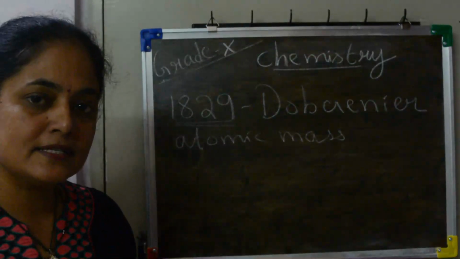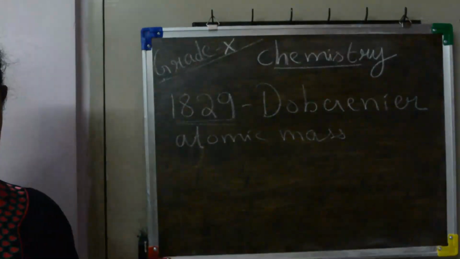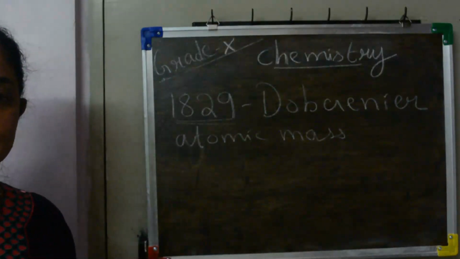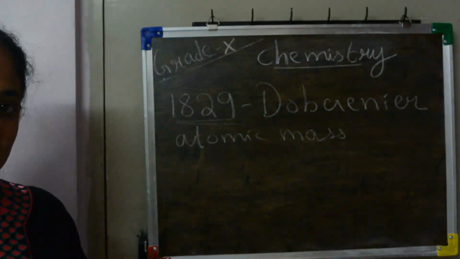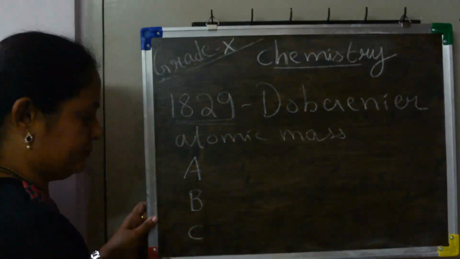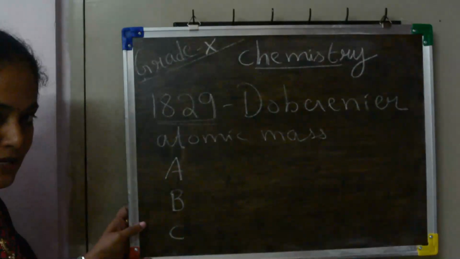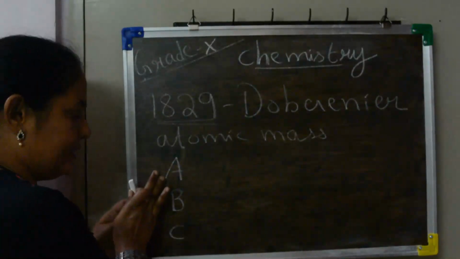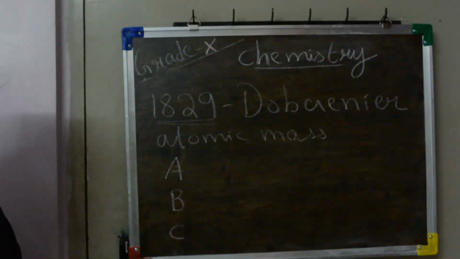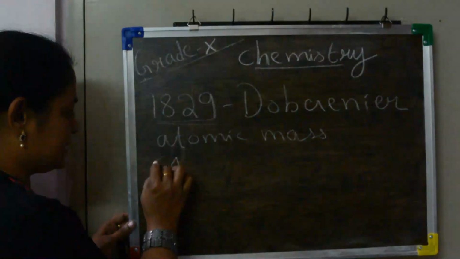Now what he did is, he arranged 3 elements in a group, taking the criteria of atomic mass. Suppose he arranged A, B, C, these 3 elements, in increasing order of atomic mass. A will have less, then B, then C. He called this a triad.